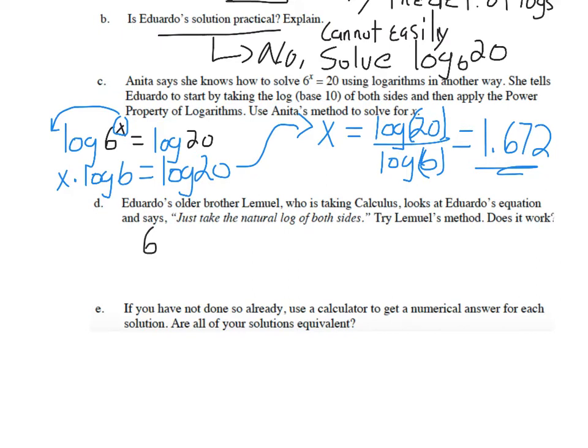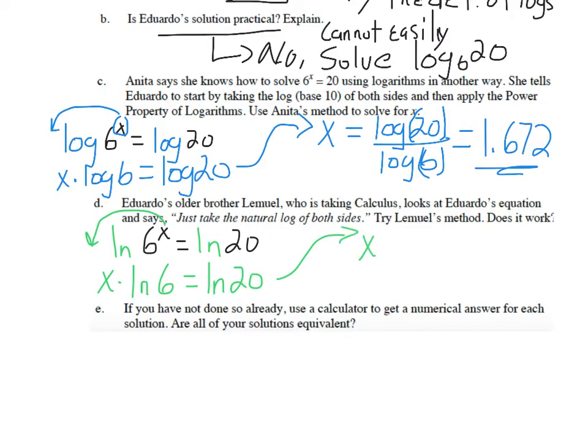So if I take 6 to the x equals 20, but now I'm going to take the natural log of both sides. That still allows me to pull the x out in front. So now I have x times the natural log of 6 equaling the natural log of 20.